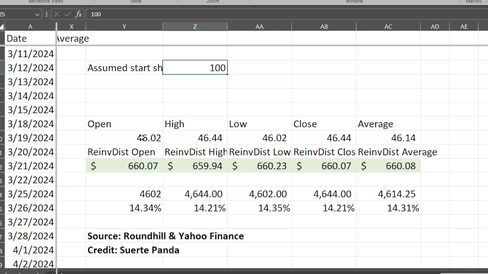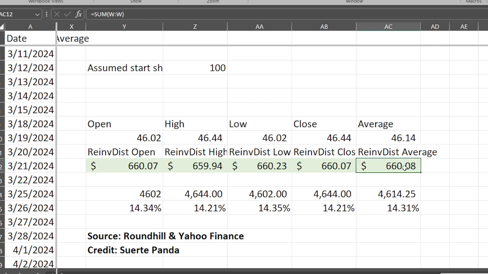If you just happen to buy at the open, the high, the low, the close, the average, etc., this is the amount of money that you've gotten in distributions. For example, if you bought at the open, you should have $600.07. If you bought at the high, you have $659.94. If you bought at the low, $660.23, and so on and so forth.